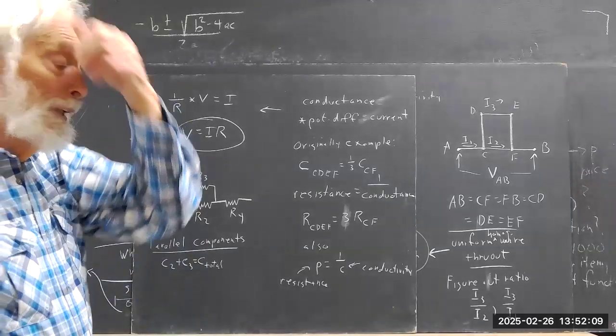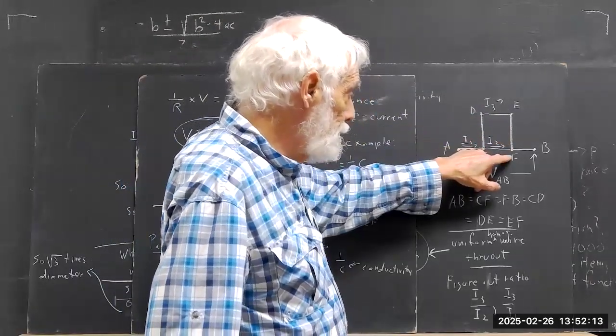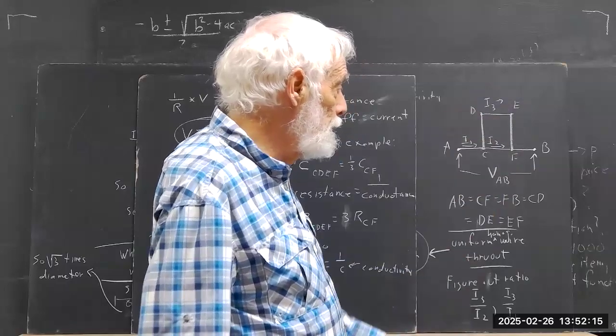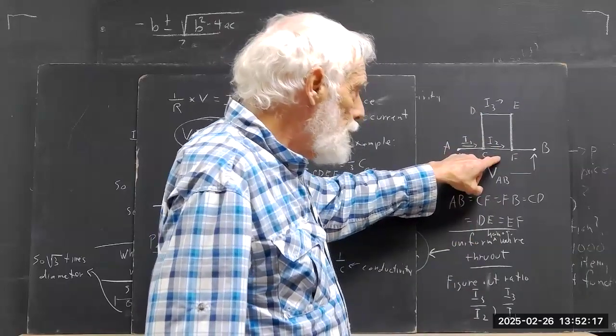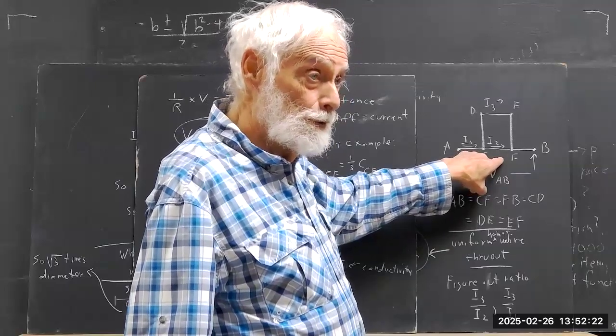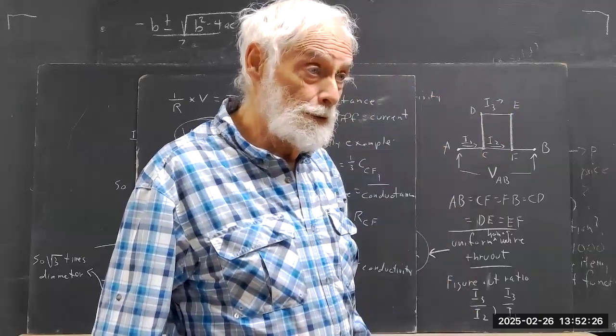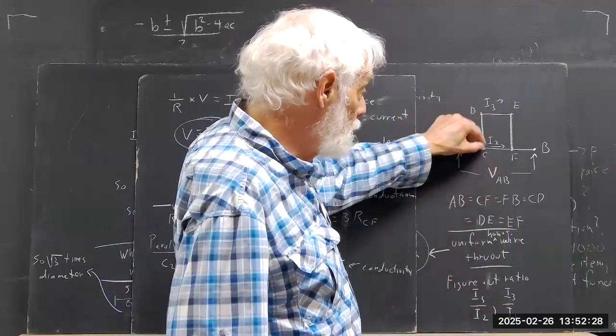Okay. In other words, between here and here, we've got the same voltage, between here and here, no matter whether we go this way or this way. The current here is this conductance times the potential difference, right? And the current here is this conductance times the potential difference, and that has to add up to the total current.